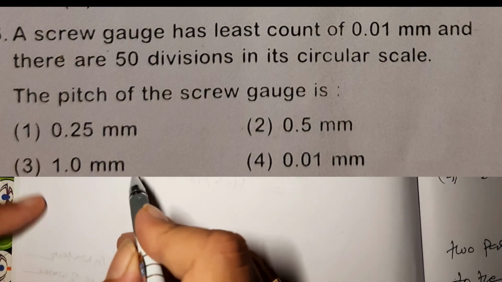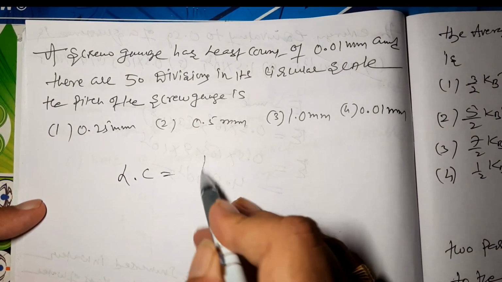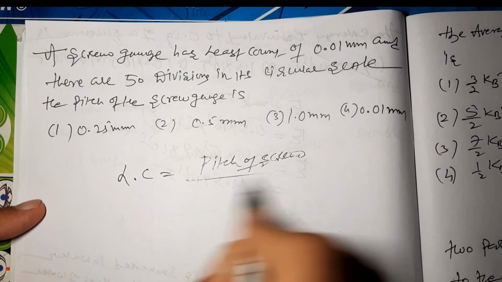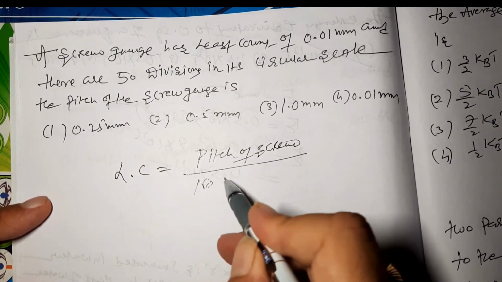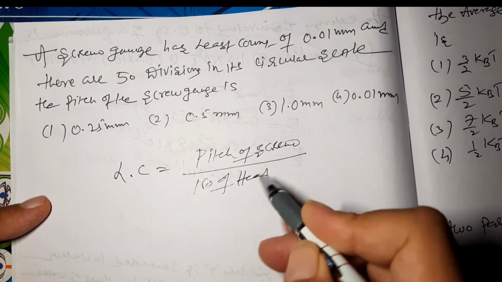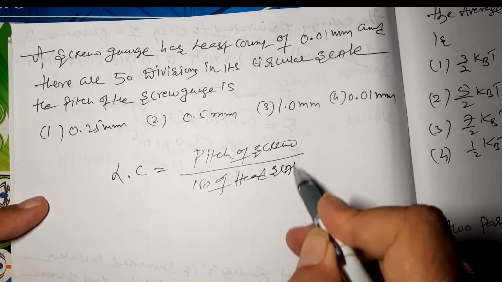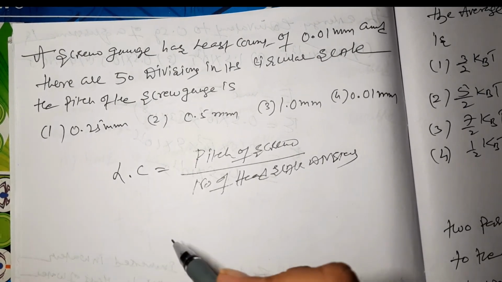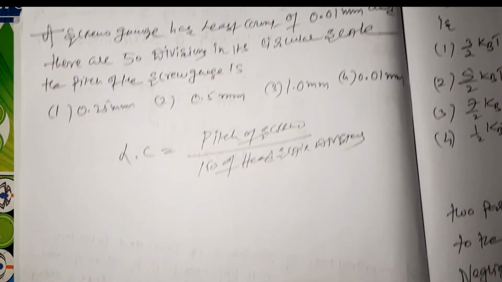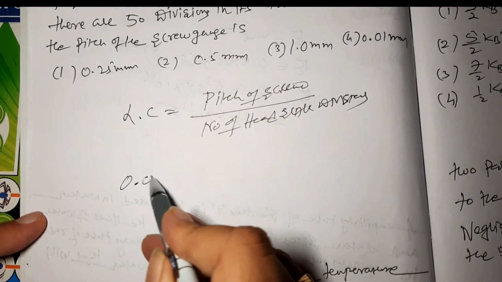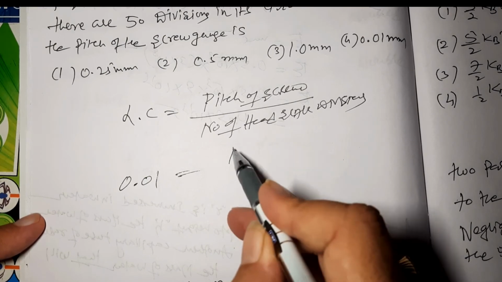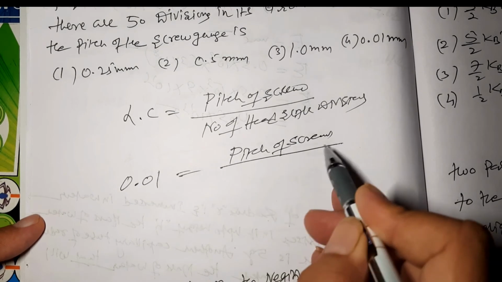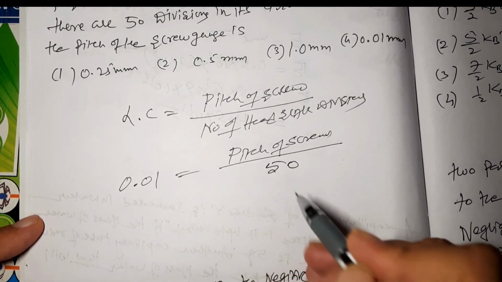So we know the formula: least count is equal to pitch of screw by number of head scale divisions. Least count is 0.01, which is equal to pitch of screw by number of head scale divisions, that is 50.